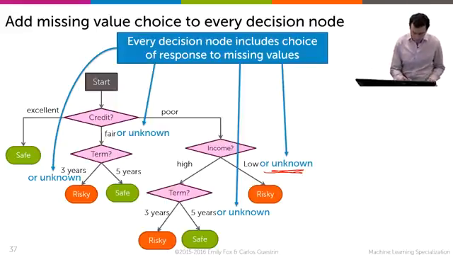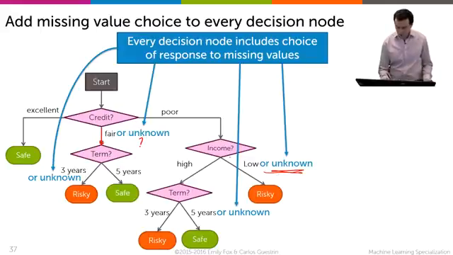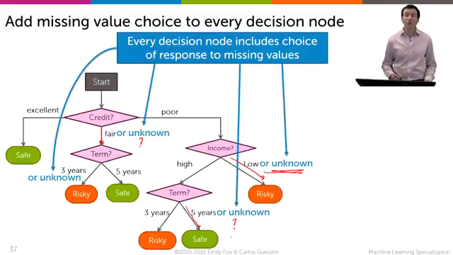So for credit, we're going to have the unknowns or question marks go into the fair branch. For income, when credit equals poor and we look at income, we're going to go down the low branch. When credit equals poor and income is high, we look at term. In this case, when term is equal to 5 years, we're going to put the unknowns or question marks in the 5-year branch. However, take note of this.